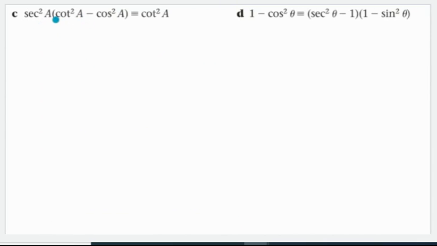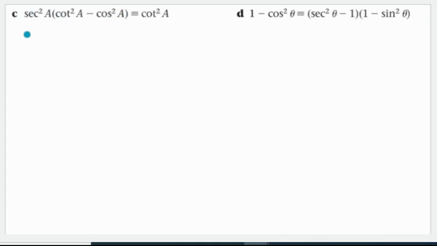So I've got sec squared a multiplied by brackets cot squared a minus cos squared a, and I want to show that that is all equal to cot squared a. Right, so what could I do here? Well, I could expand this bracket, and the reason I'm expanding this bracket is because I still have my cot squared a involved, and that means the rest of it has to go in some way, shape, or form.